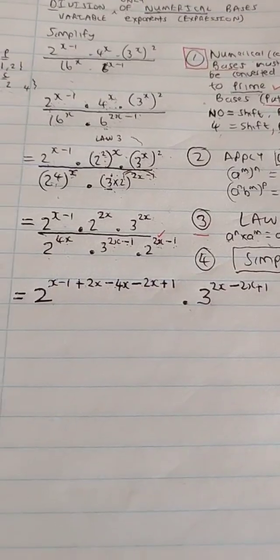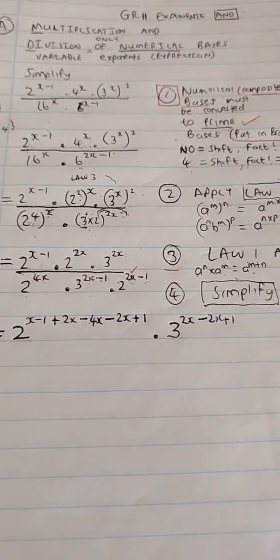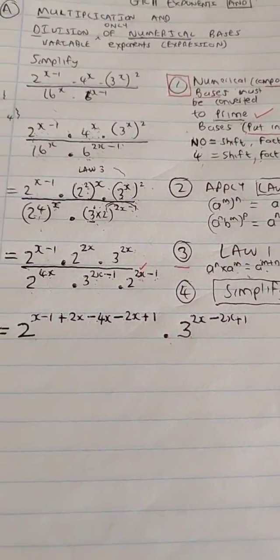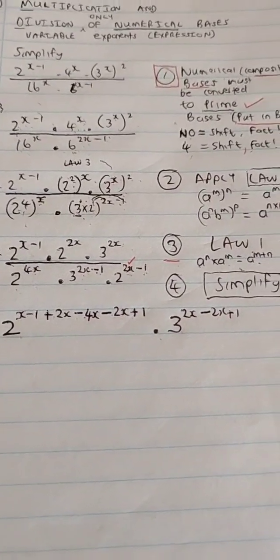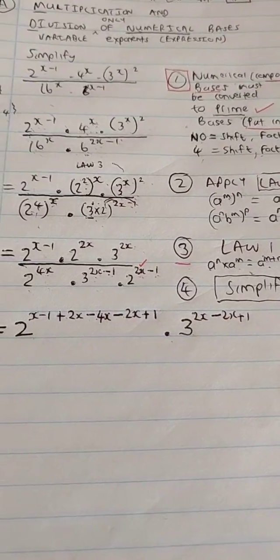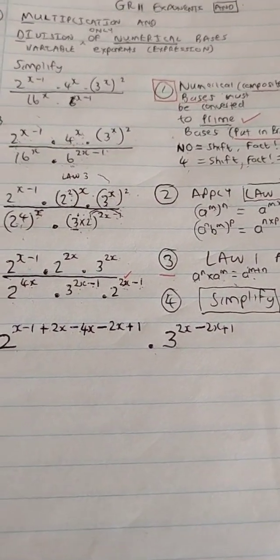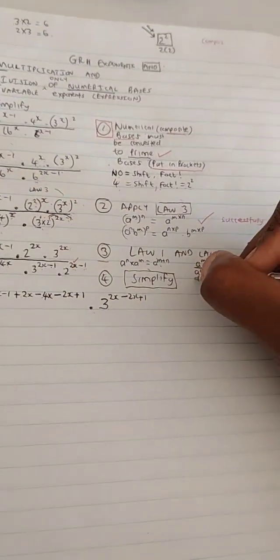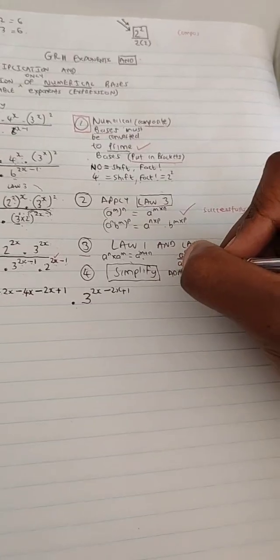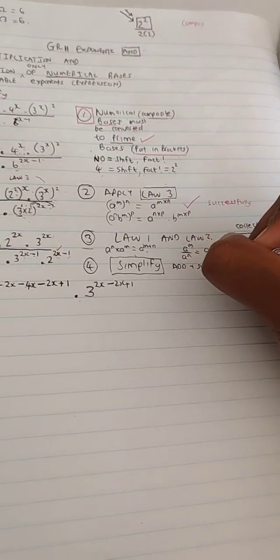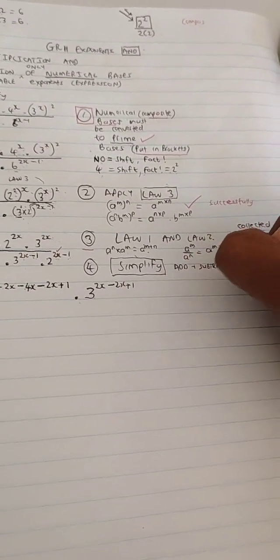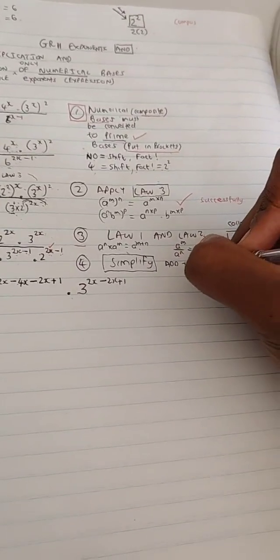So guys, I hope we are understanding this. Any questions so far? Right. Then, now we are going to simplify by adding and subtracting like terms for the exponents.